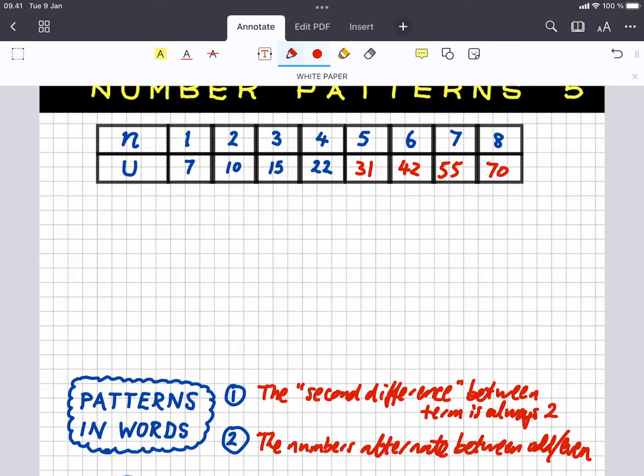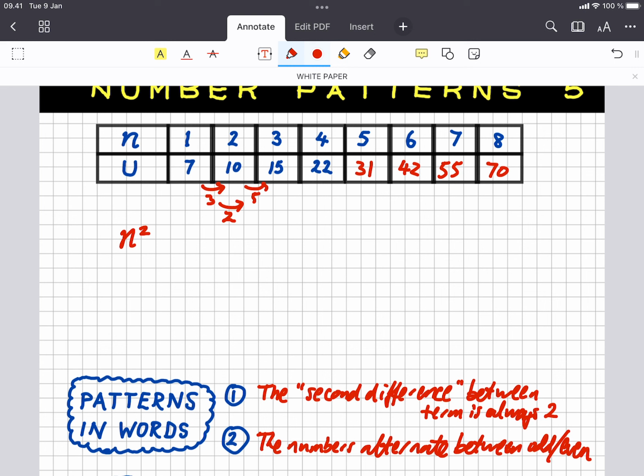Okay, so the fact that you've got a constant second difference tells you it's a quadratic sequence, and the second differences were 2. So let's just try n squared as the rule.